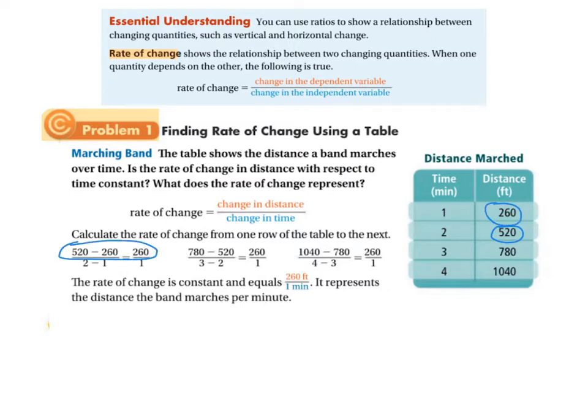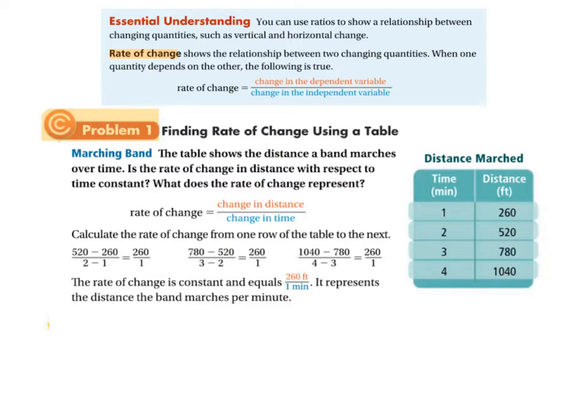And here they say 2 minus 1. And what do we get? We get a rate of change of 260 over 1. It's already simplified, but we will eventually see that we will need to do that.